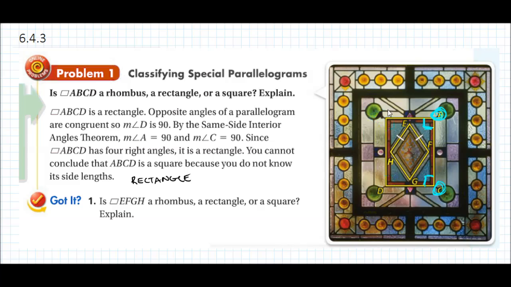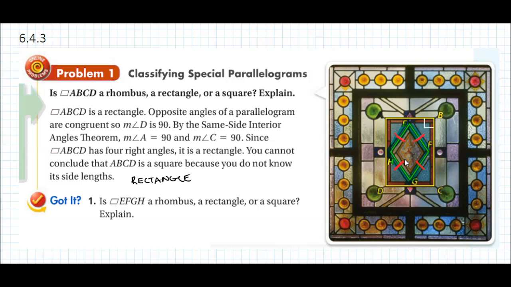Alright, moving on. The next question asks us, is parallelogram EFGH a rhombus, a rectangle, or a square? Well, what do we know about parallelograms? We know opposite sides must be congruent, and that's the only thing we can really tell by inspection of this diagram.